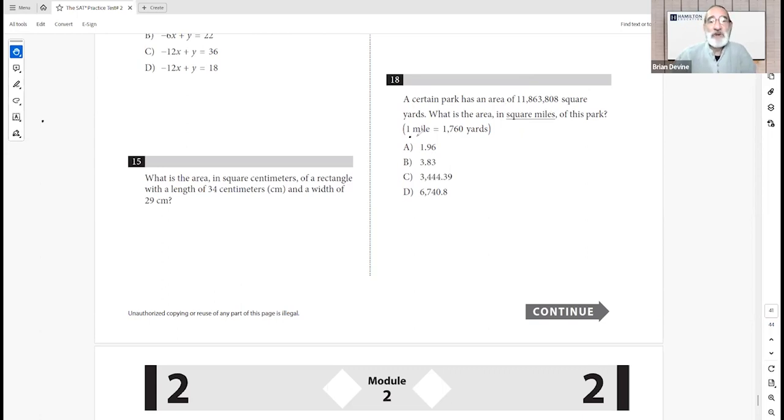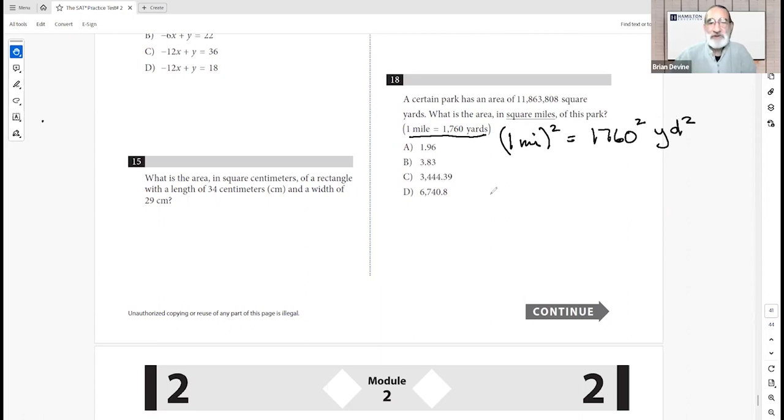Well, if 1 mile is 1,760 yards, then 1 mile squared must equal 1760 squared square yards.